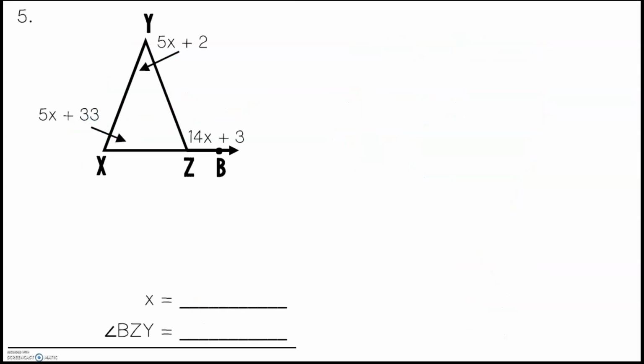Okay, number 5. Okay, the exterior angle is the one outside the triangle. That's this little bugger down here on that extended line. Okay, so our exterior angle is equal to the sum of the two remote angles inside.